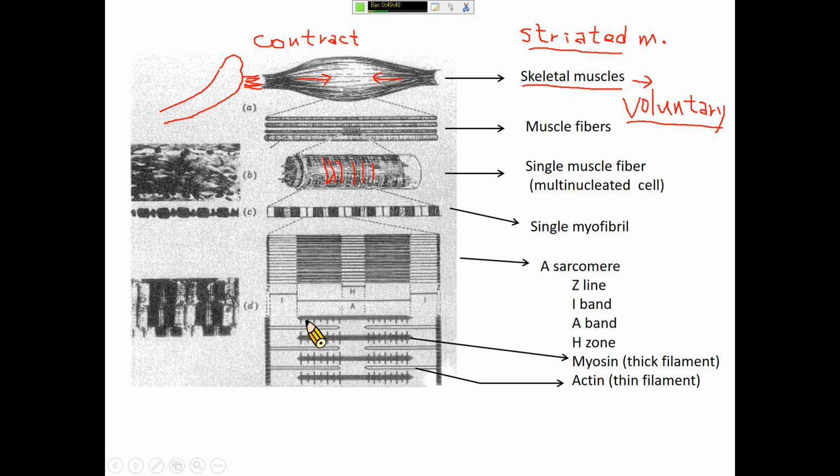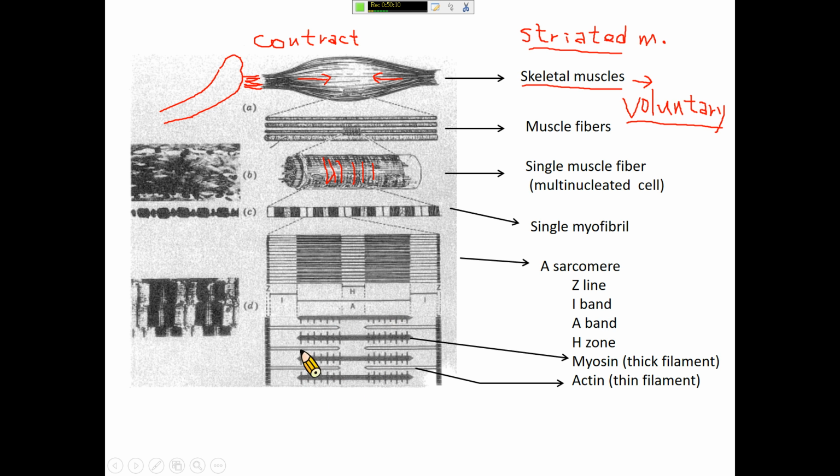And when this guy sees this girl and they love each other, they are attracted, and then they get closer to each other. When they get closer to each other, this sarcomere actually shortens. That's what happens actually.